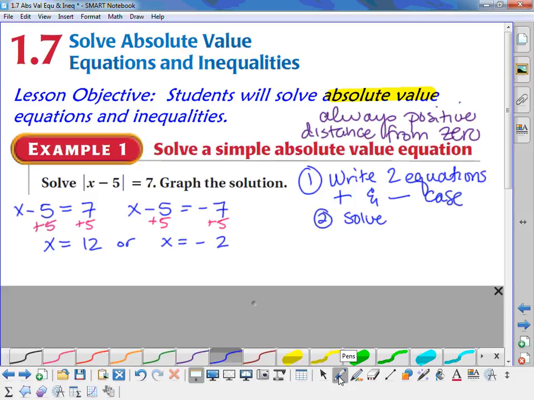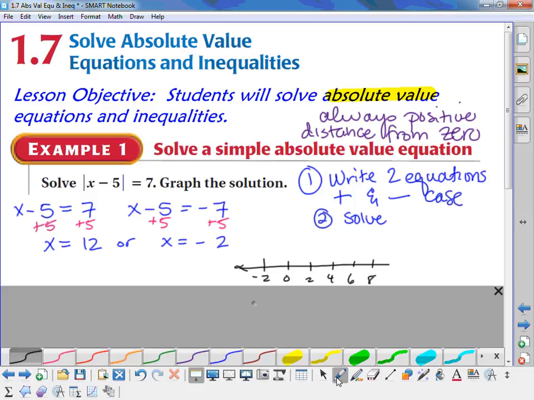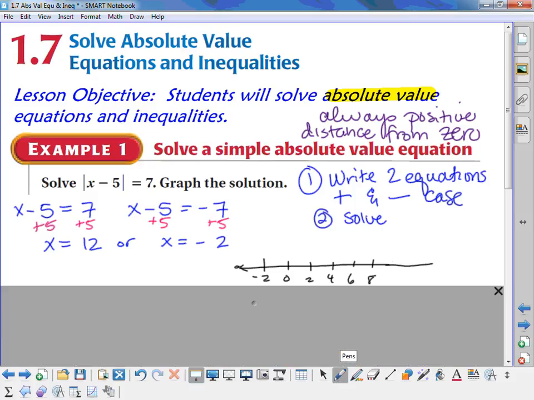But just for this one, just to kind of show you where everything shows up on the graph. Okay, so negative 2 or 12.